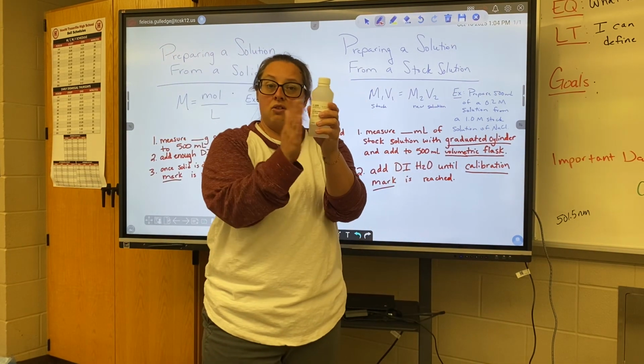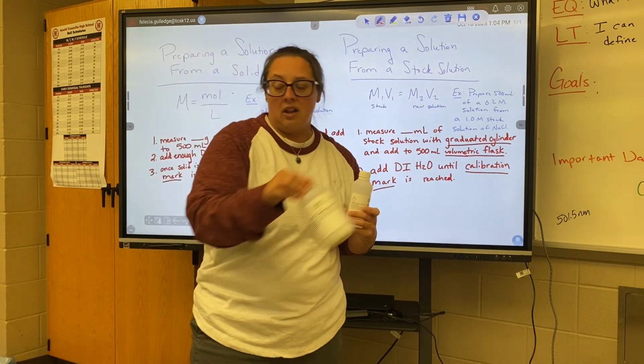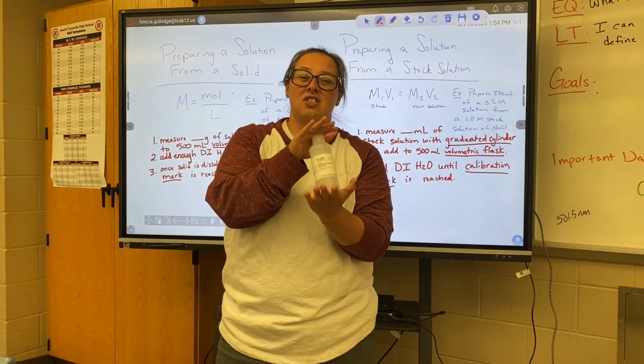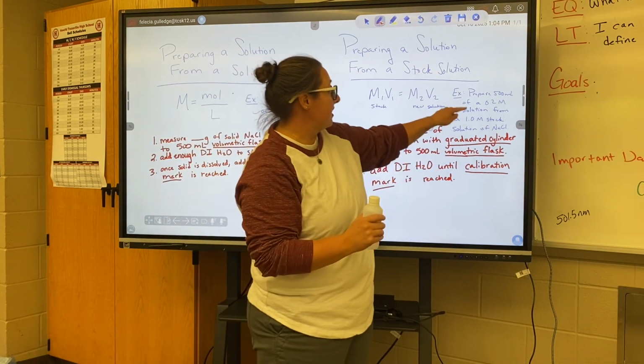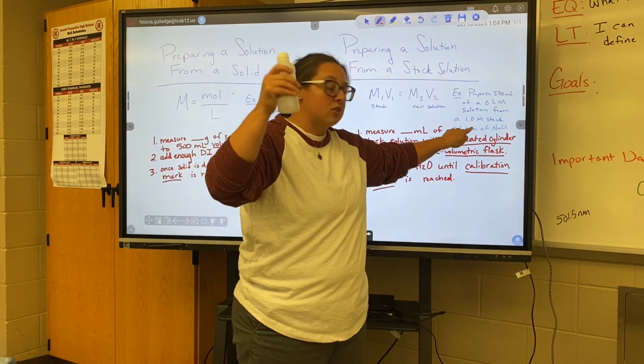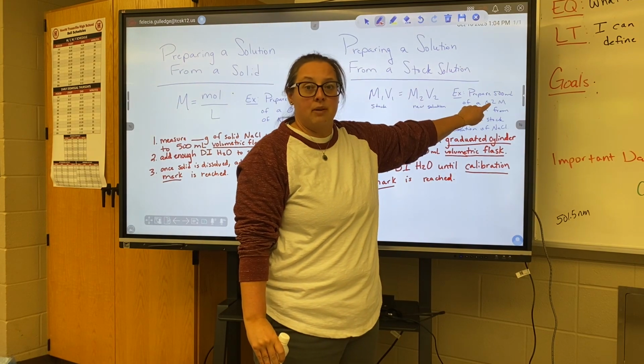So a stock solution is something that's already a solution, not a solid, but it's at a higher concentration than what we need. So we want to be able to basically dilute this 1 molar stock solution to make a 0.2 molar solution.